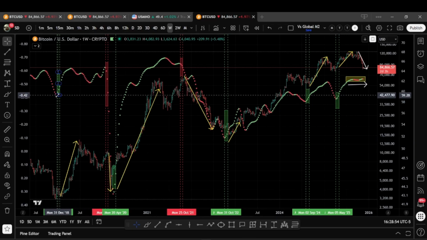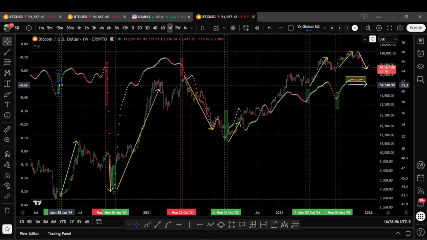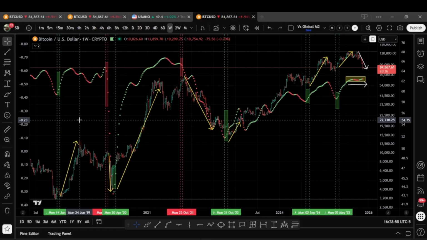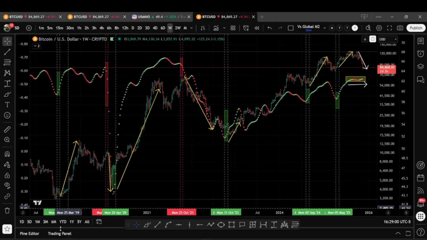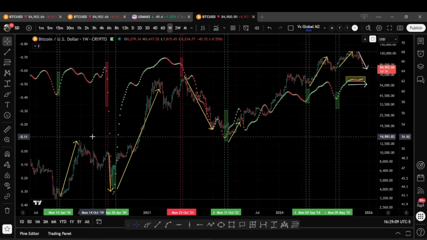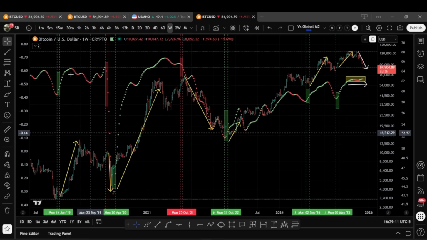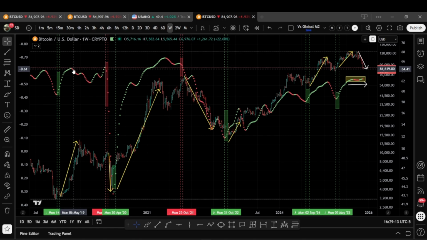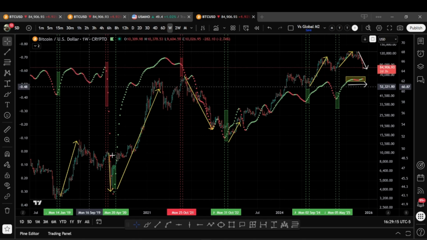If we would have counted those 4 weeks of shift in momentum, then we could have got in. Look where it's at. Bam, right there. Could have got in the bear market down here when Bitcoin was $3,600. Ride that up.